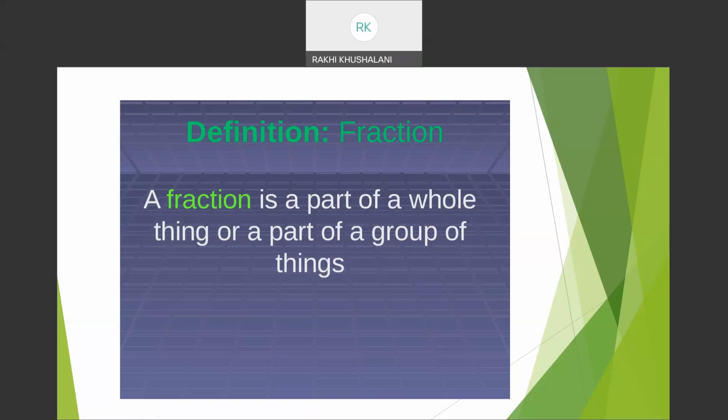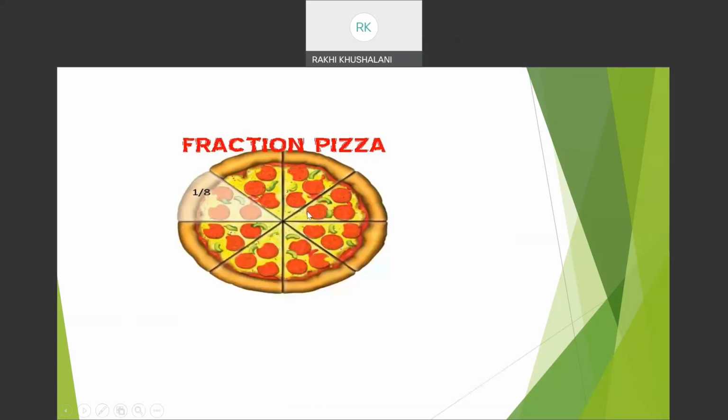Definition of fraction. A fraction is a part of a whole thing or a part of a group of things. I repeat, a fraction is a part of a whole thing or a part of a group of things. Now, the first part of this definition, that is, a fraction is a part of a whole thing.